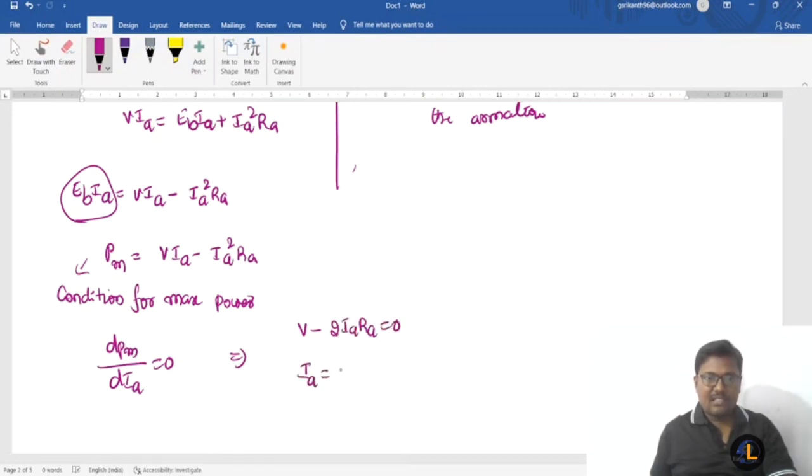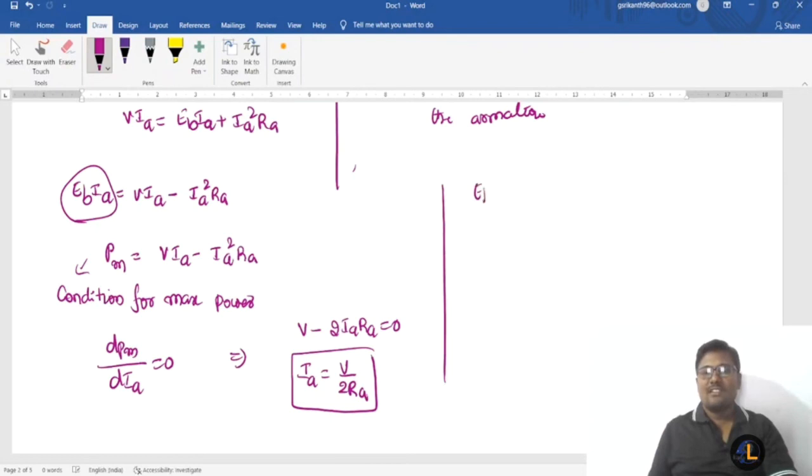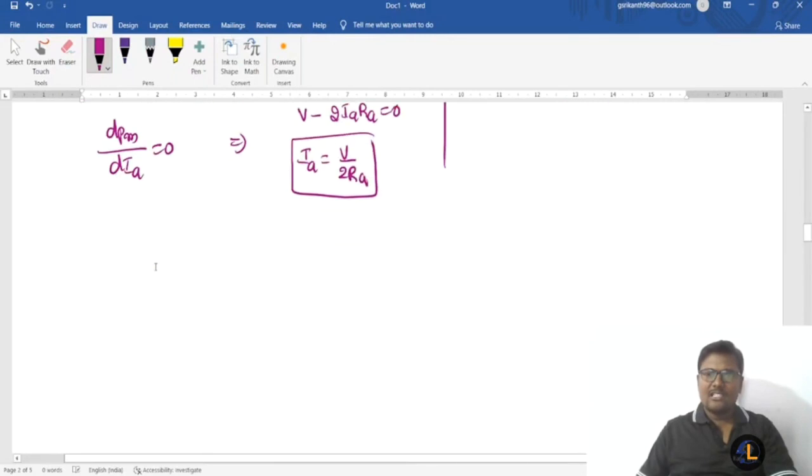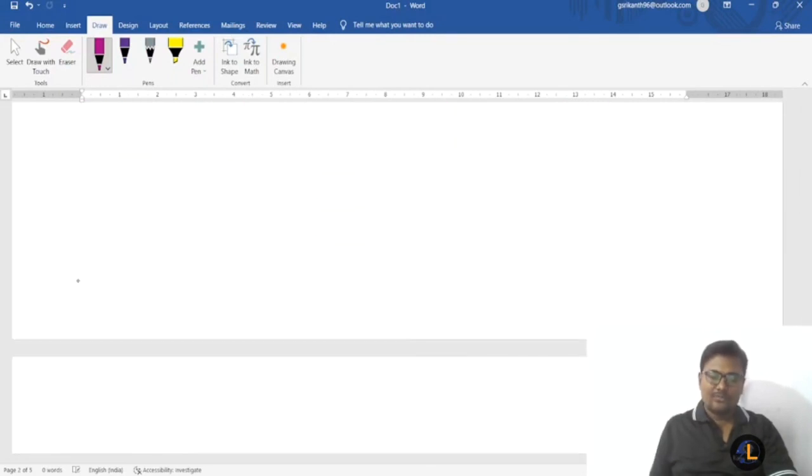Then IA is equal to V divided by 2RA. Substitute in the back EMF equation, EB equals V minus IA RA, so V minus V by 2RA into RA. RA will be cancelled. Then the back EMF is V divided by 2.